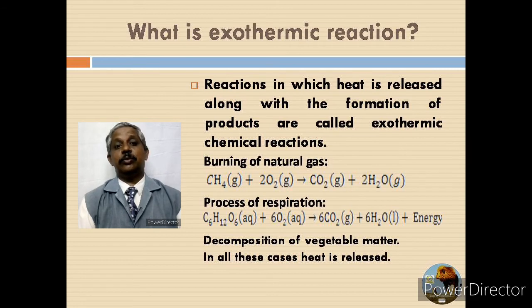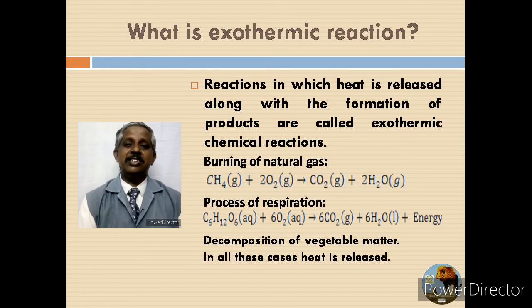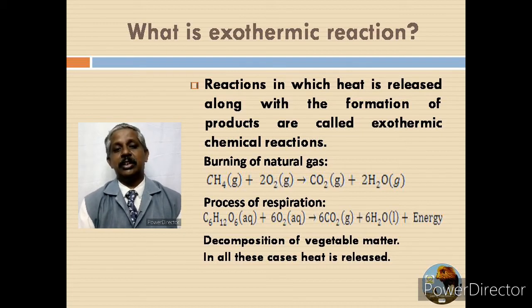Then let us see what is an exothermic reaction. Reactions in which heat is released along with the formation of products are called exothermic chemical reactions. Burning of natural gas, that is methane as a gas, with oxygen as a gas gives carbon dioxide gas plus water as steam.